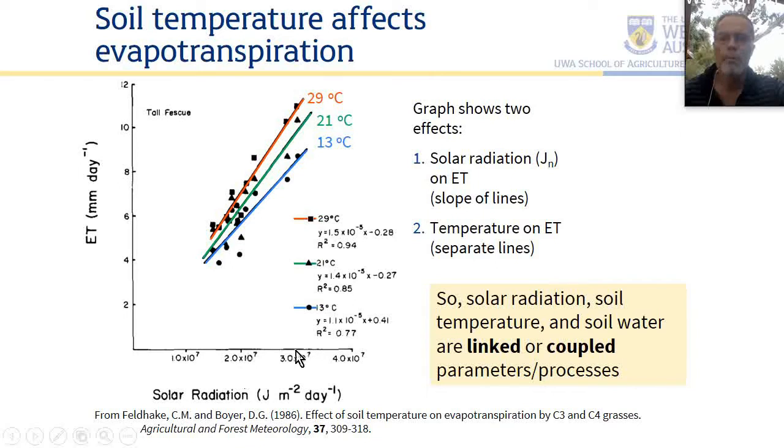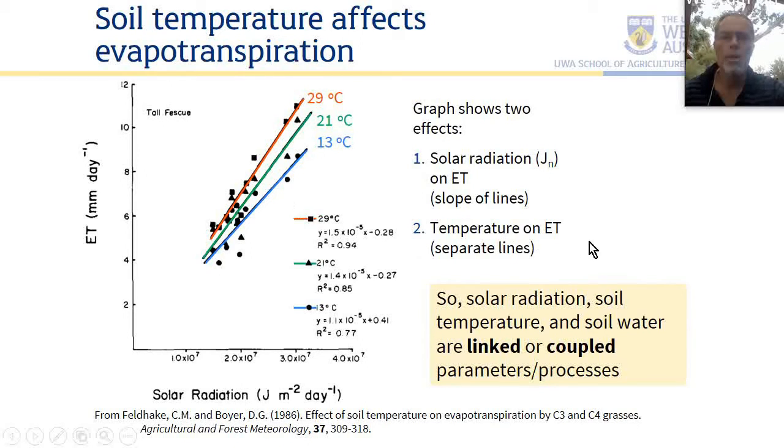All right, we can pick another value of solar radiation as well. This is J subscript N on our horizontal axis, and we can see that effect. All right, so obviously, the more solar radiation that a soil receives, the more evapotranspiration there is, but it's also controlled by soil temperature.